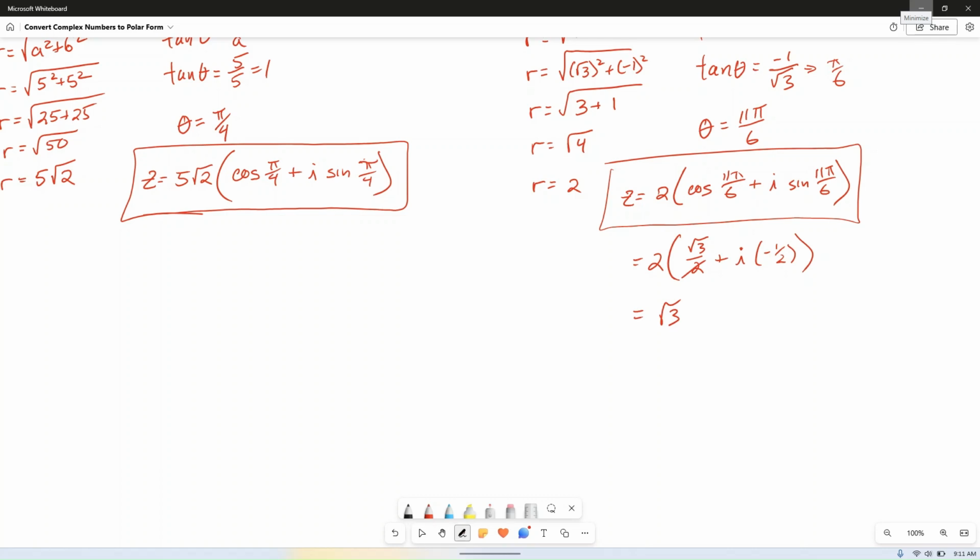And when you take 2 times the negative half, that reduces and you're just left with negative 1. So square root of 3 plus i times the negative 1, which you could rewrite as the square root of 3 minus i. So it does actually check, and that's also how we can convert from the polar form of a complex number into its rectangular form.